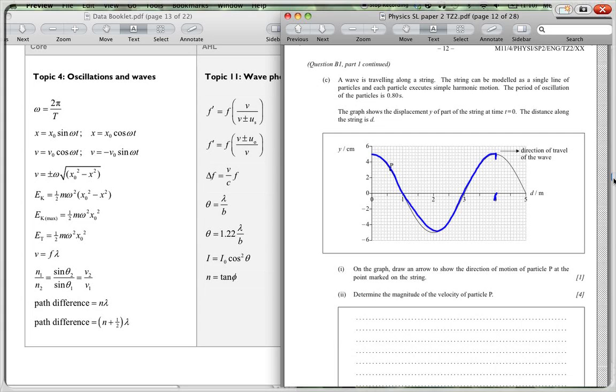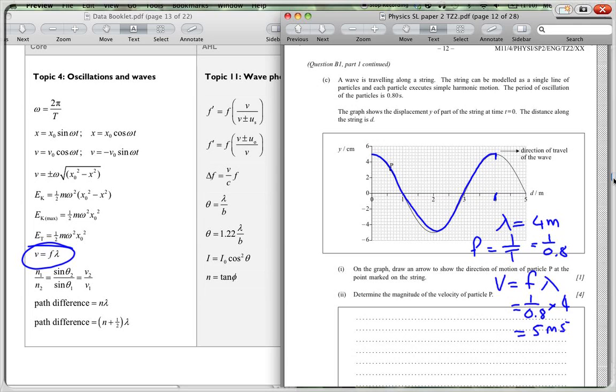So our wavelength is equal to 4 meters. Our frequency, which is equal to 1 over T, is going to be 1 over 0.8. So the velocity of our wave, which is frequency times wavelength, is equal to 1 over 0.8 times 4. And that gives 5 meters per second to the negative 1.